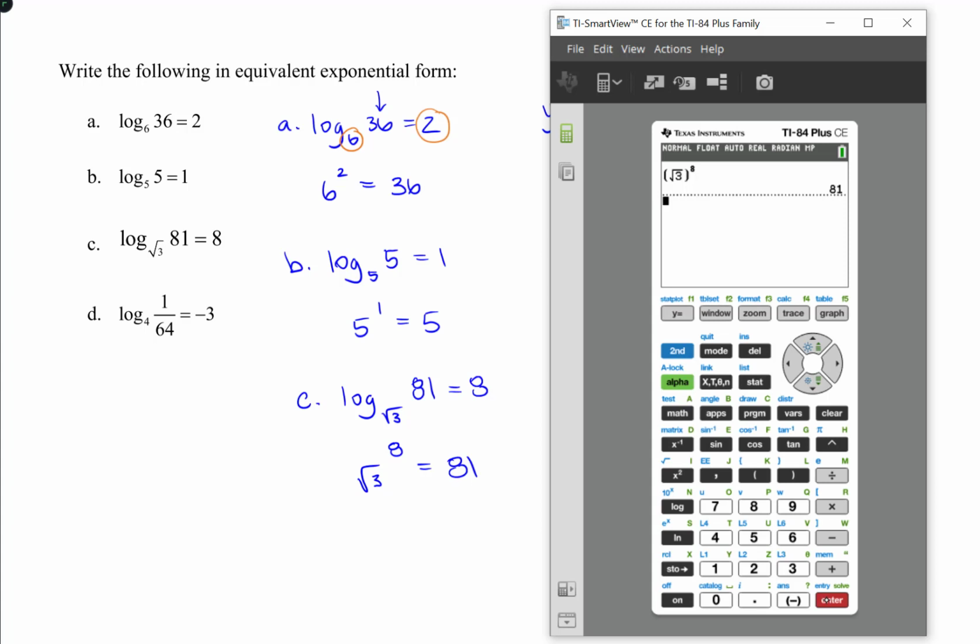And the reason is when you square a square root, so if I take the square root of 3 and I square it, that's going to get rid of the square root. So when you raise a square root to an even power, you're going to end up with integer values because the square root effectively cancels out.